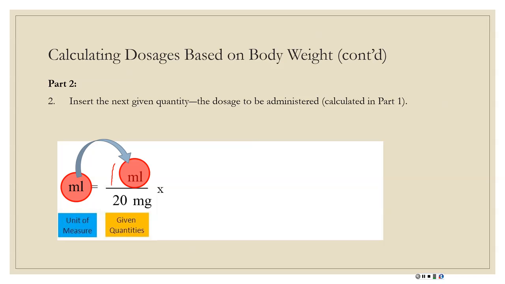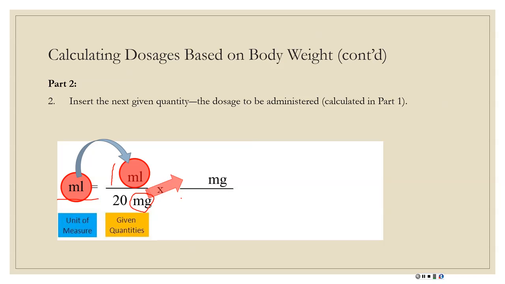So our next step then is going to be identifying what the next equation will be. So we're looking for milliliters in this problem. We have milligrams here, and that means we know that we need to eliminate milligrams as a label. So by putting milligrams up as the next numerator, we'll be able to eliminate that label. Next, we just look to the problem, and we want to identify how many milligrams we're going to give.